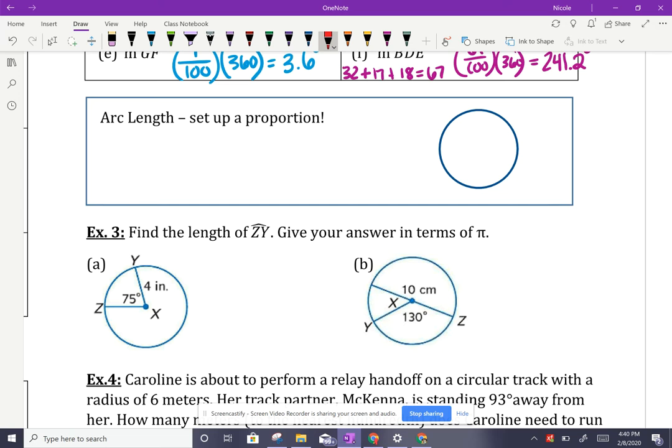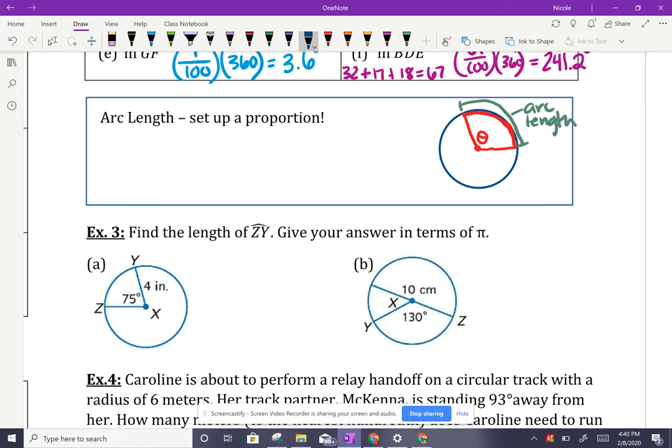Let's try that again. So I have a point in the center, and then I have these going out, and this would be my arc length. So if I have degrees for the degree of it, this piece all the way to this piece would be my arc length.